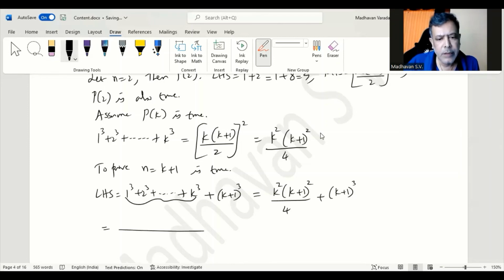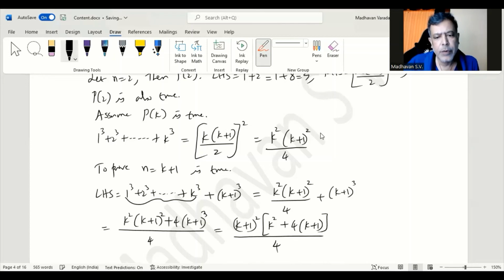Now the LCM for this is 4. So K square into K plus 1 the square plus 4 times K plus 1 the whole cube. In this, now common is K plus 1 the square. So now here we will have K square, and here we will have 4 times K plus 1, divided by 4.